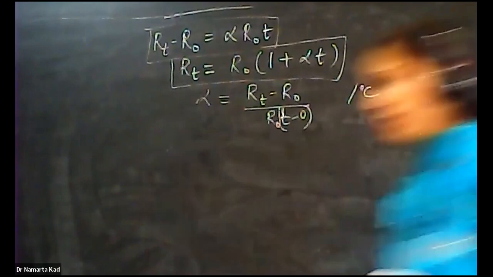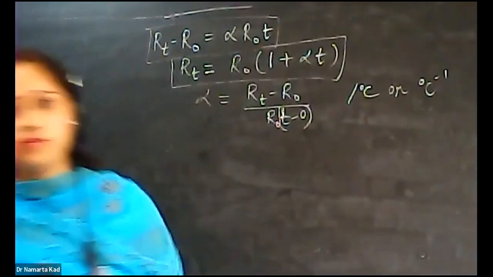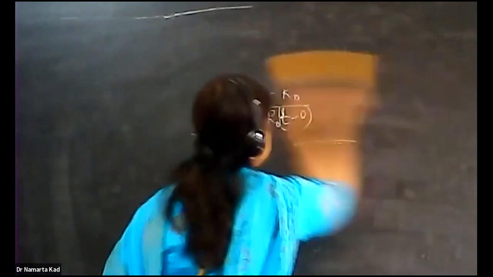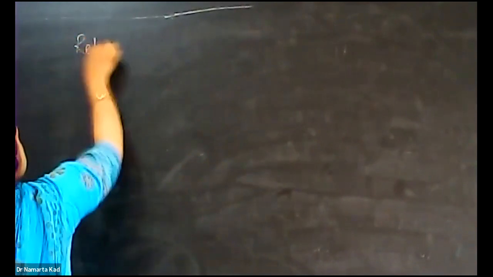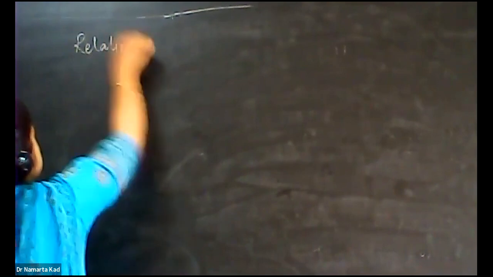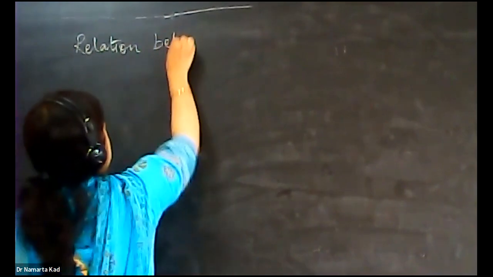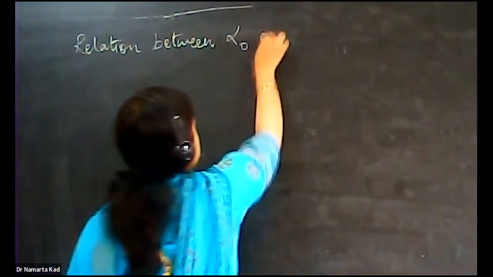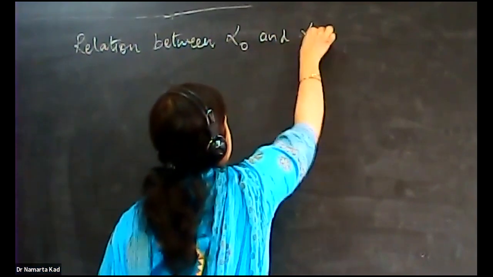Now, next there is a small derivation. Next, we have to do two derivations. The first one is the relation between alpha naught and alpha 1.